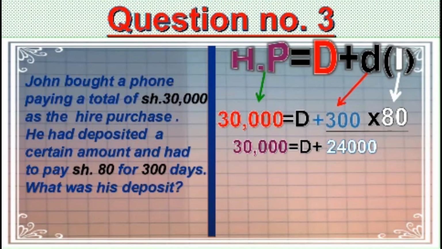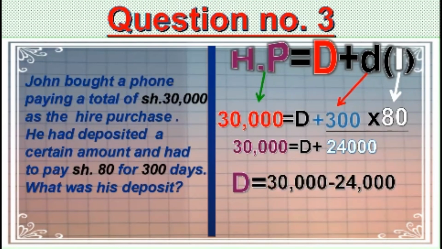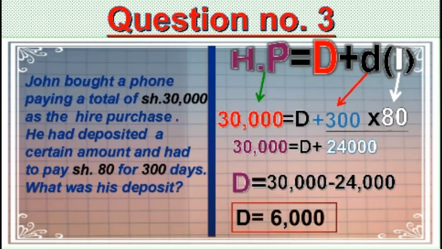So the deposit equals hire purchase minus the total payment for the days. So 30,000 minus 24,000. The correct answer is 6,000. So that was his deposit. That is what he had paid before being given the phone to go home with.